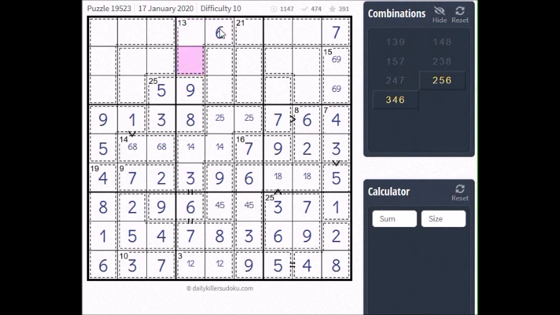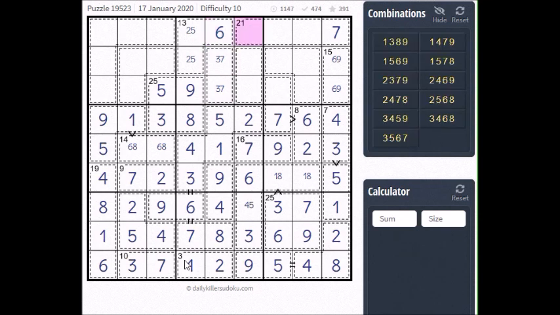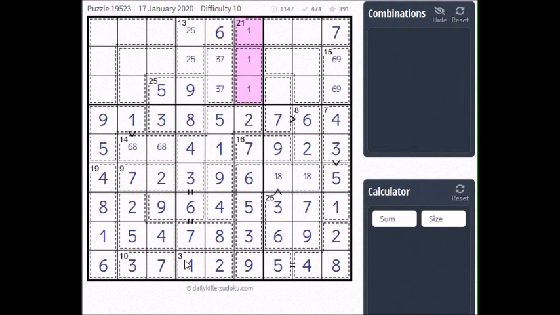It cannot be 3, 4 because of the 3 here, so it's 2, 5, and this would be 1, 2, 4, 1, 5, 2, 4. Now we have 3 and 7, and here we have 5, and finally here we have 1, 4, 8.